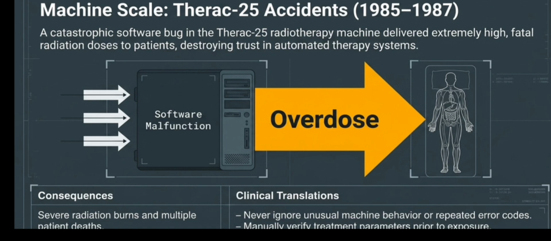This destroyed public trust in automated radiotherapy systems and led to several radiation burns and multiple patient deaths. What does this mean clinically? It means human vigilance must always be the backstop to technological QA and calibration. We must never ignore unusual machine behavior or repeated error codes, and we must always manually verify coordinate parameters prior to initiating an exposure.